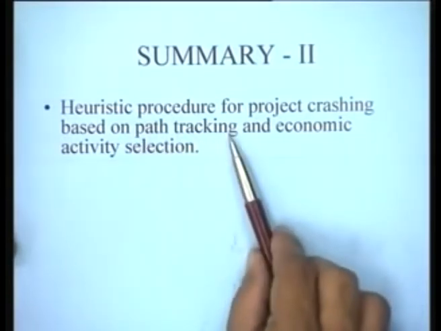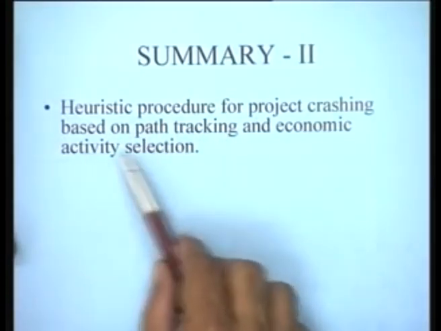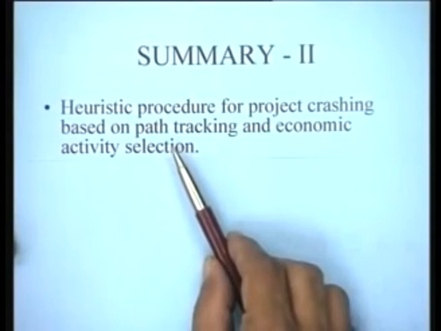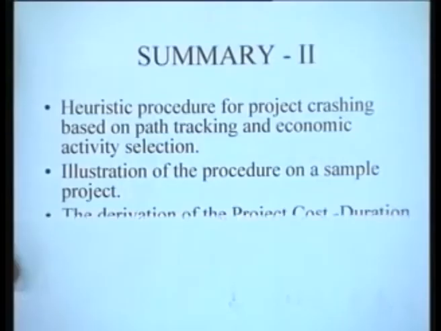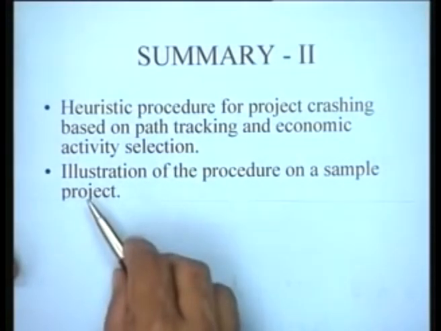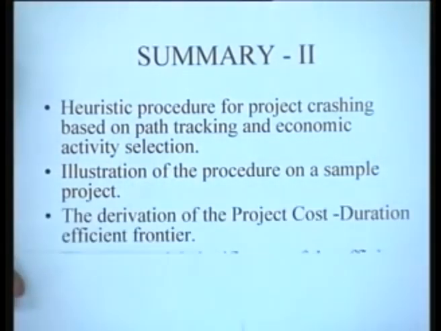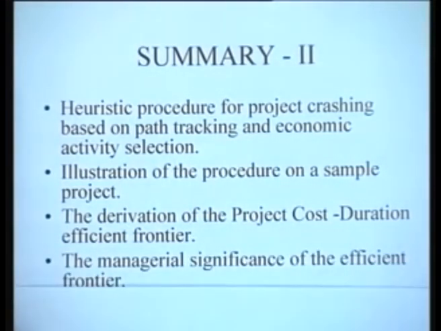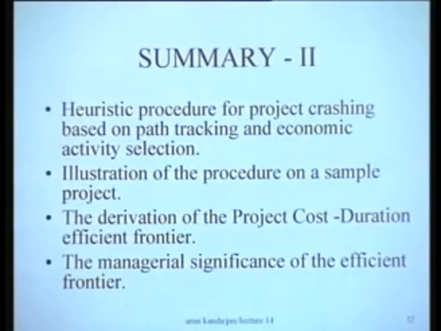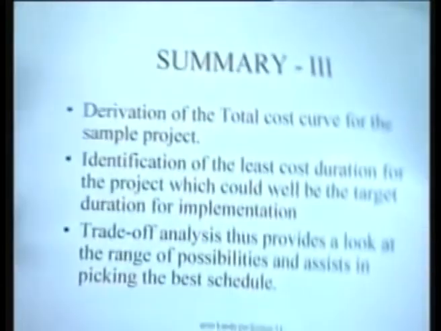But there was a trap involved here, because identifying the best possible set of activities was not always easy. Illustration of the procedure on a sample network that we had seen for this particular case. The derivation of the project cost duration efficient frontier we did for this particular network, and the managerial significance of the efficient frontier in terms of the kinds of decisions that can be obtained from this.